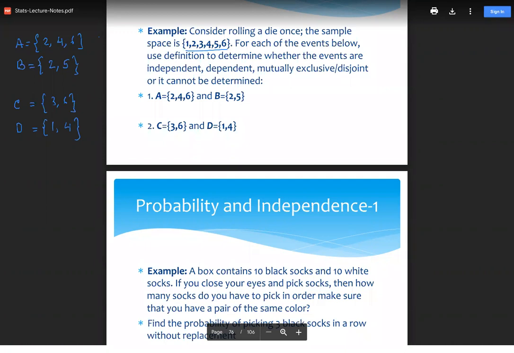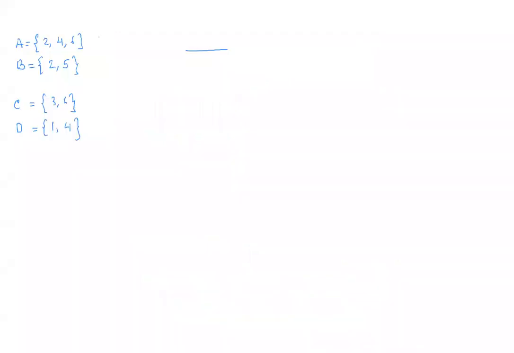Okay, let's go ahead and take the background off. First, events A and B. In the context of these 2 events, we need to show whether they're disjoint or mutually exclusive.